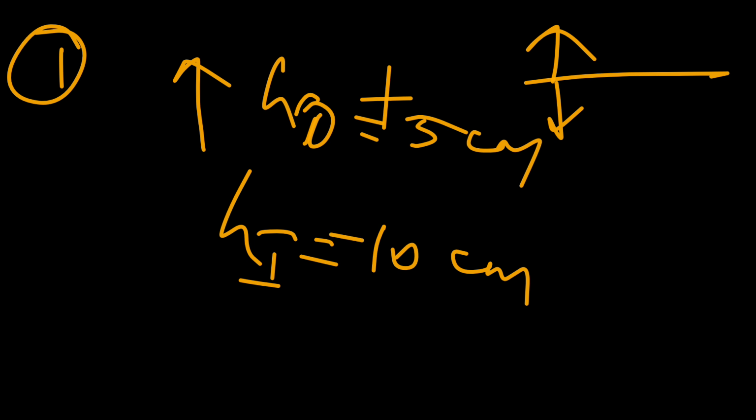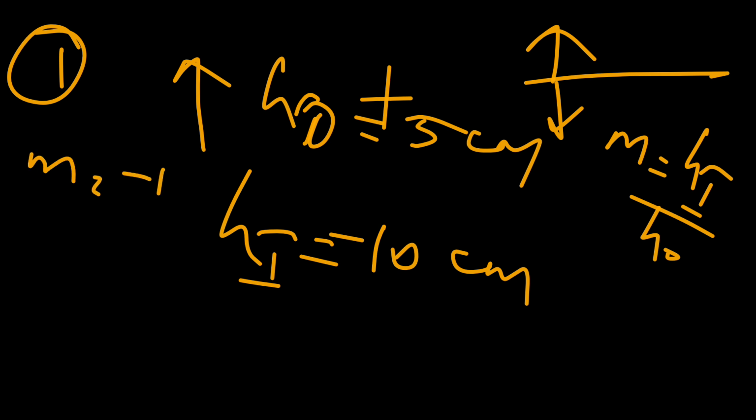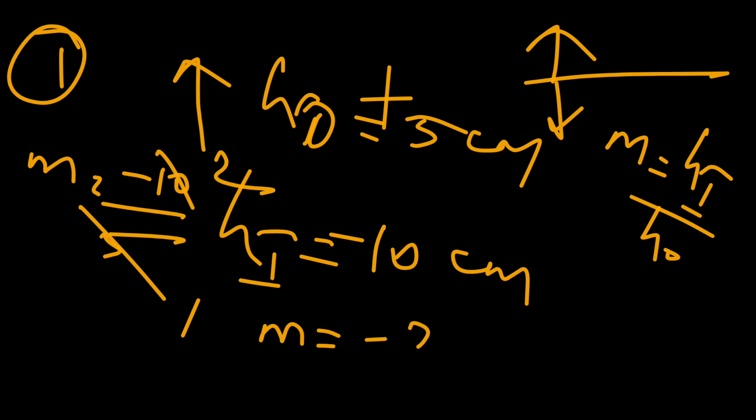Magnification m is equal to hi by h naught, the height of the image by the height of the object. Substituting, m is equal to minus 10 by 5, so m is equal to minus 2.